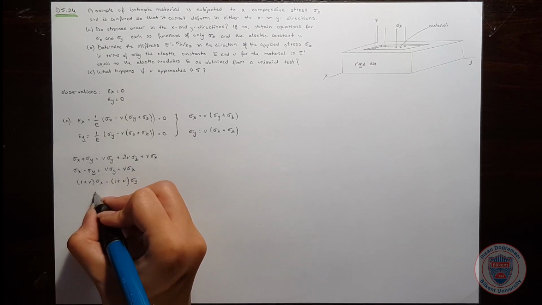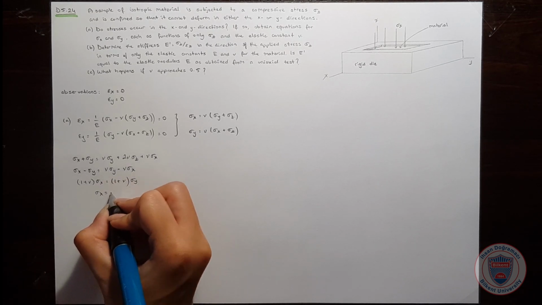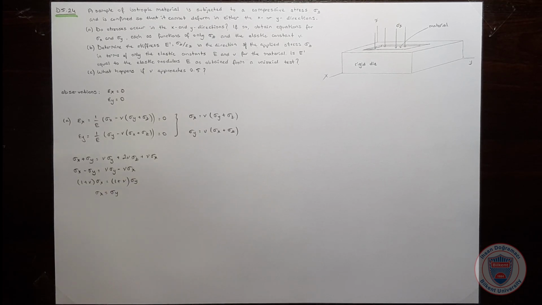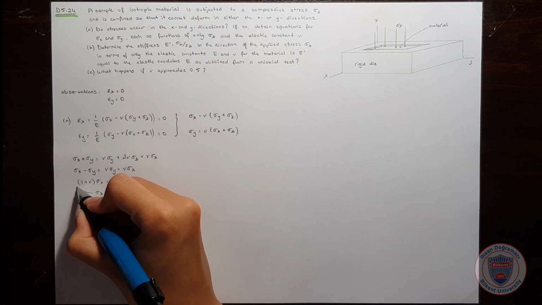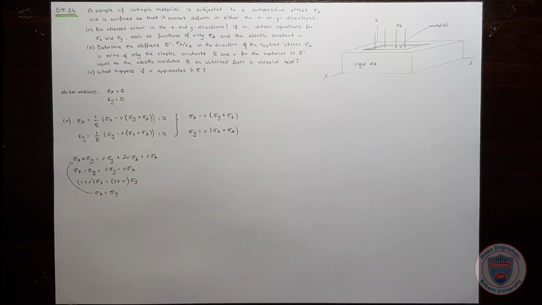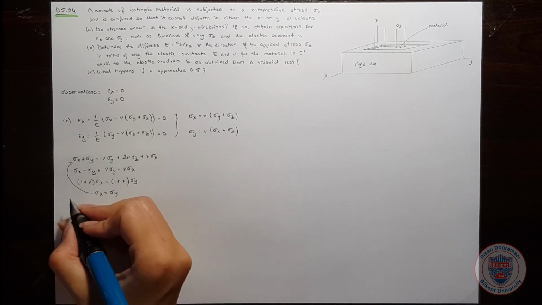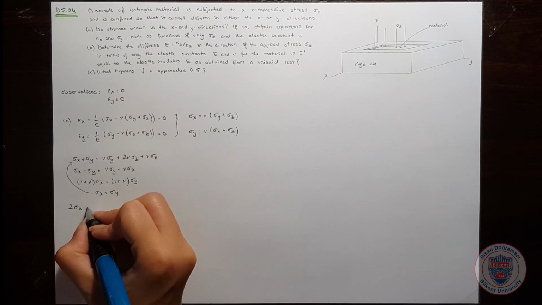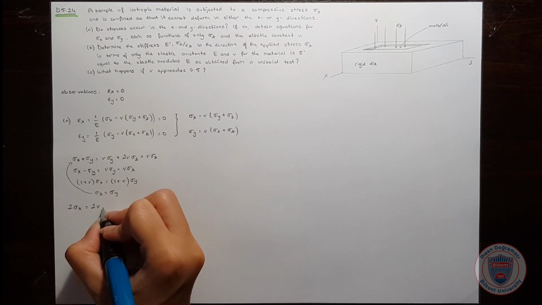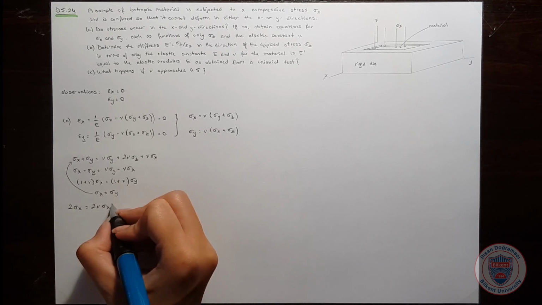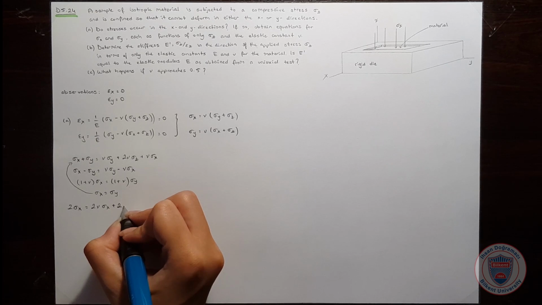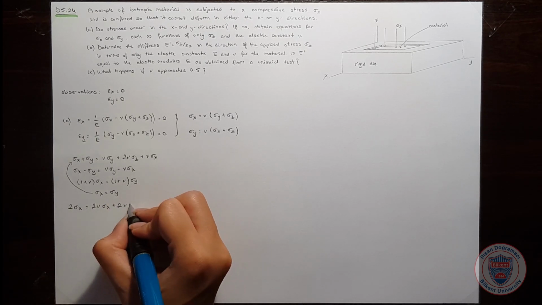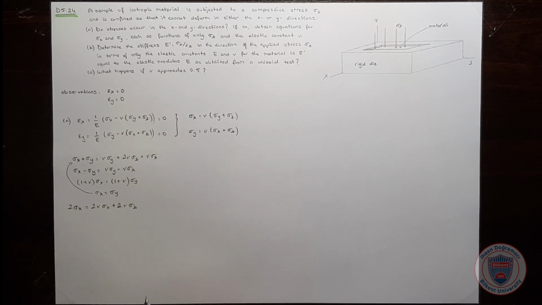And sigma x is equal to sigma y. Let's substitute this into the first equation so that we get 2 sigma x is equal to 2 times Poisson's ratio times sigma x plus 2 times Poisson's ratio times sigma z.